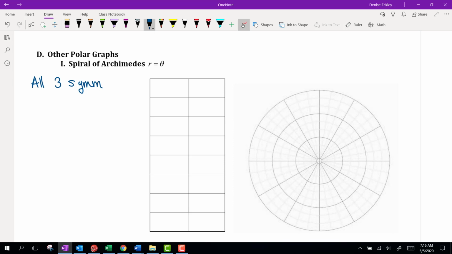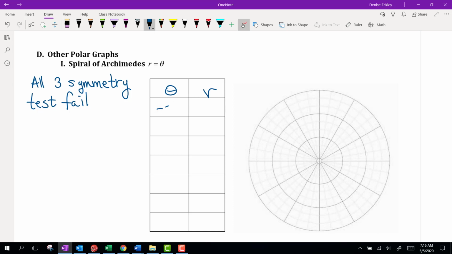So you could pause the video and try them all if you're not convinced. And so I am just going to pick a series of angles here to show you the whole thing.